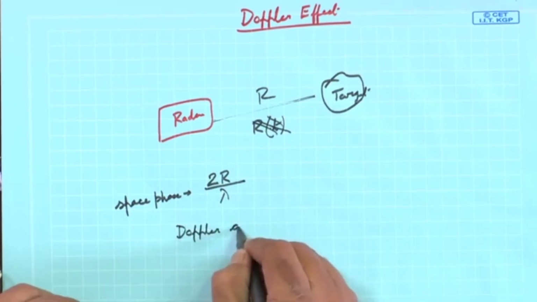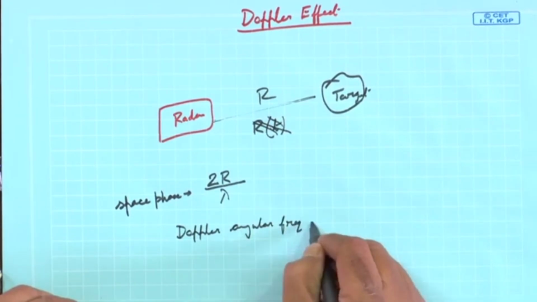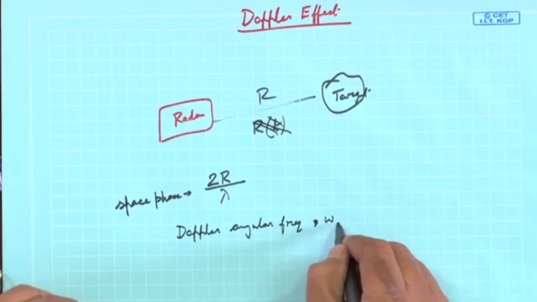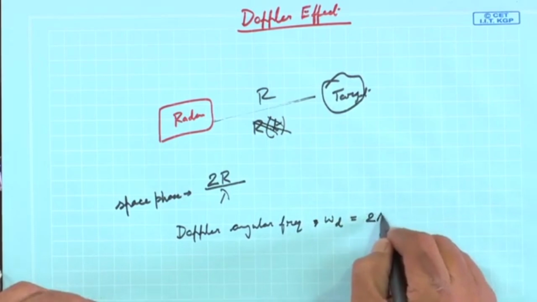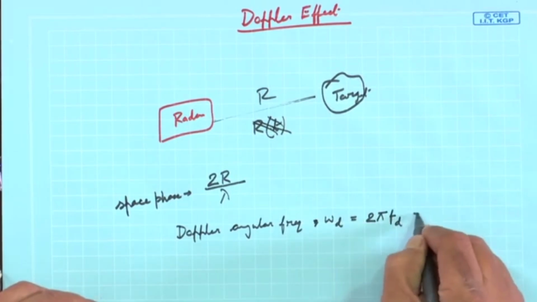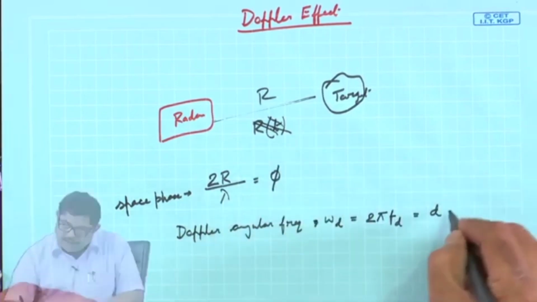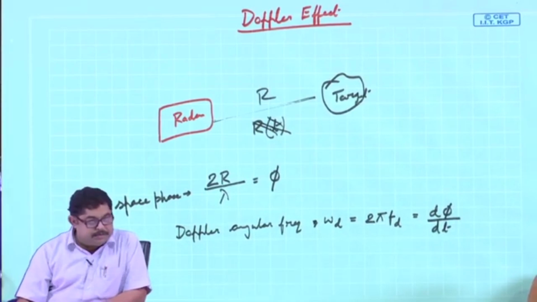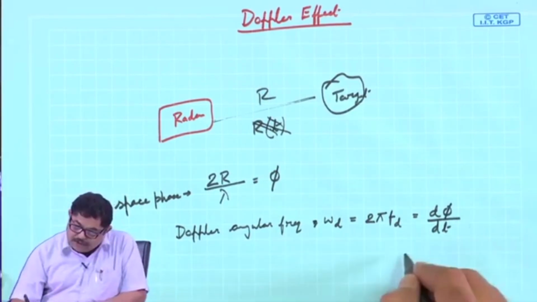The Doppler angular frequency, let us call it omega d, that will be 2 pi f d. If I call this space phase phi, then the time rate of change of phase is called frequency. This is the relation we know.